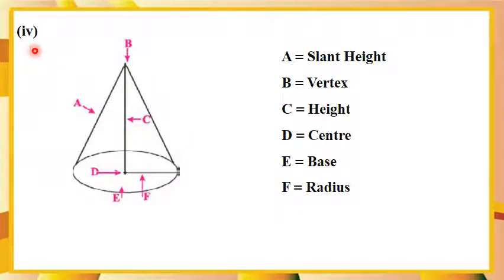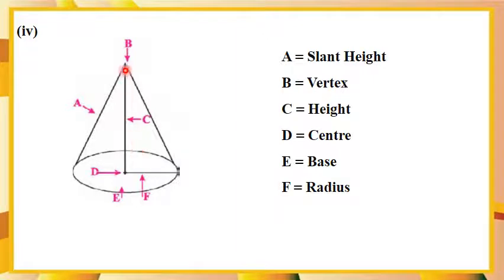Now number 4, we are observing that it is a cone, and there are 6 letters A, B, C, D, E and F. We have to tell the names. So the first one is the slant height, because it is the distance from the vertex to the outer corner of a cone. B is the vertex or the corner of the cone.